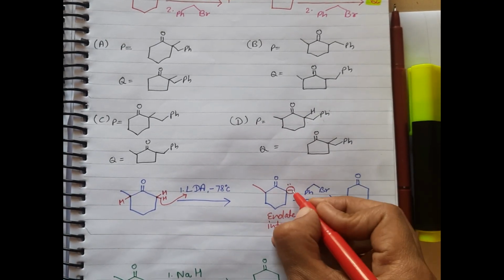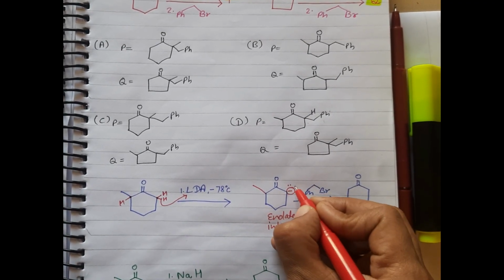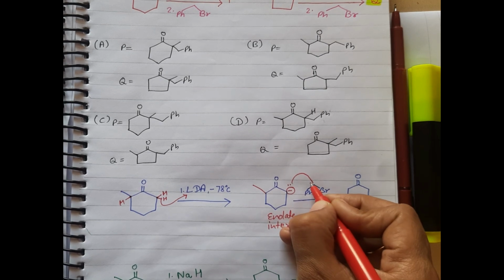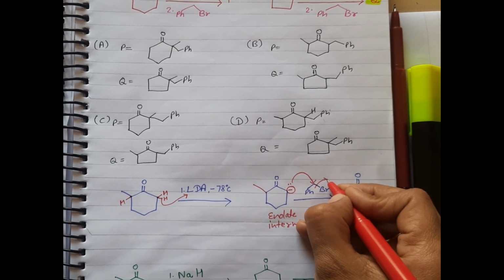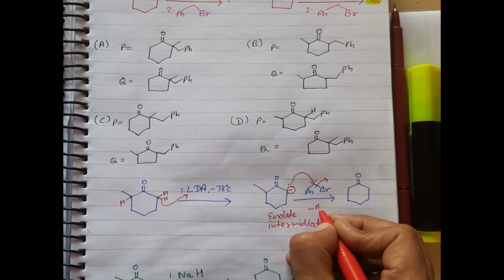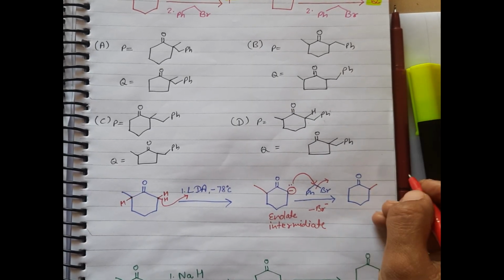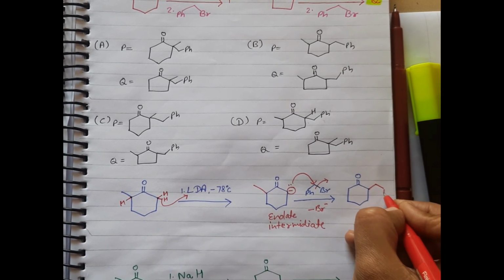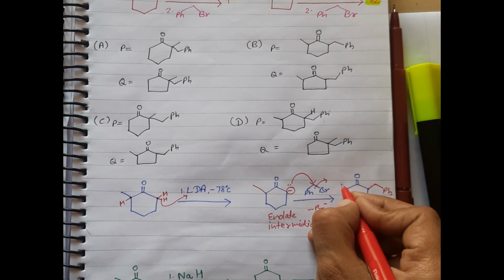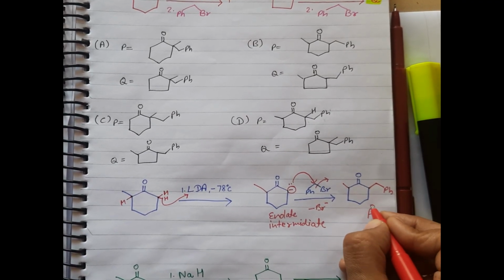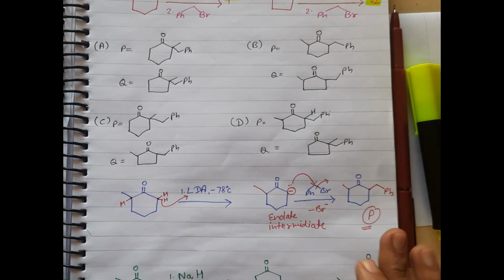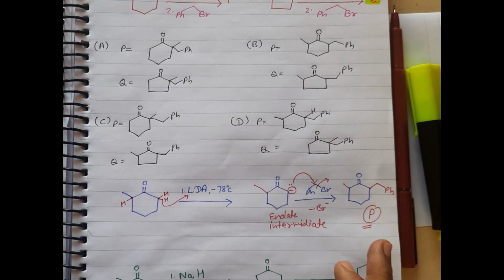Here this negative charge, or these electrons, attack here and bromine leaves. So our product will be this. So our product P looks like this.